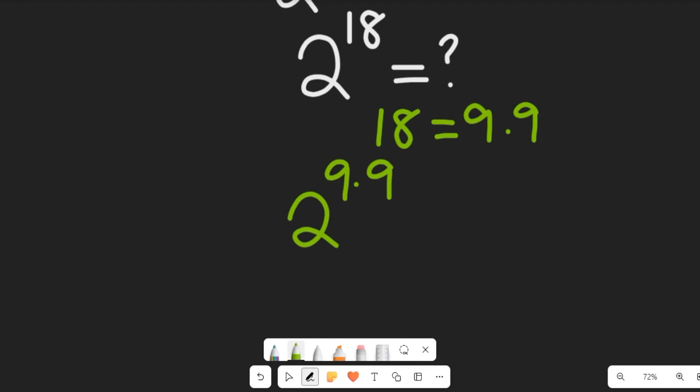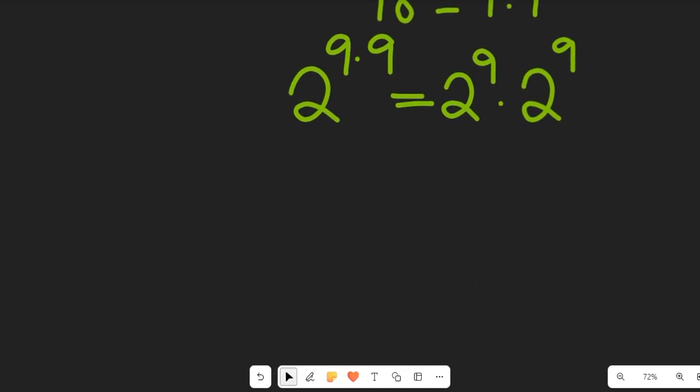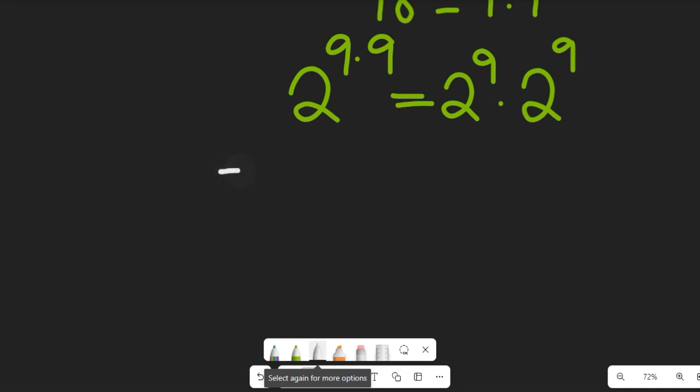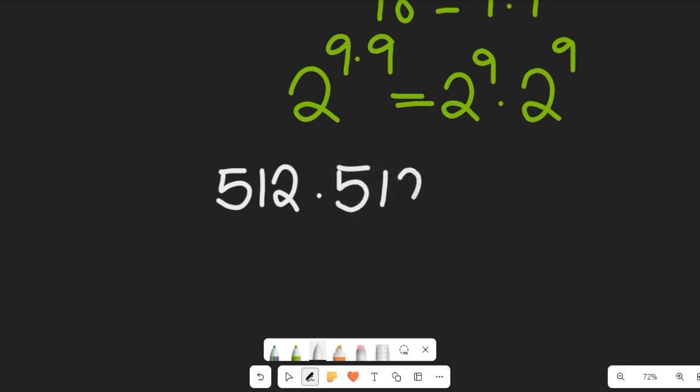According to the law of indices, I can isolate this to give me 2 to the power of 9 multiplied by 2 to the power of 9. Great. Now, in the next step, 2 to the power of 9 is equal to 2 times 2 times 2 times 2, into 9 places, and that will give me 512, right? 512 multiplied by another 512, which is equal to 2 to the power of 9.